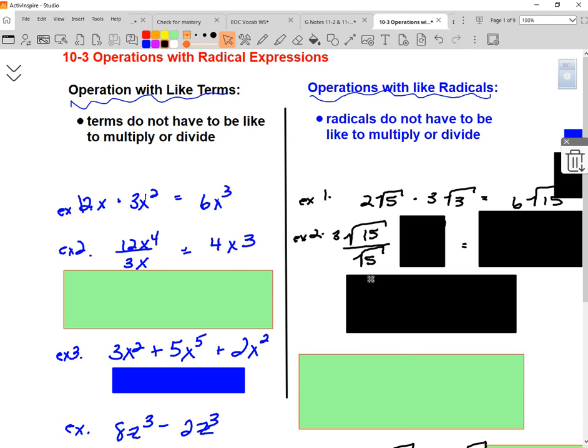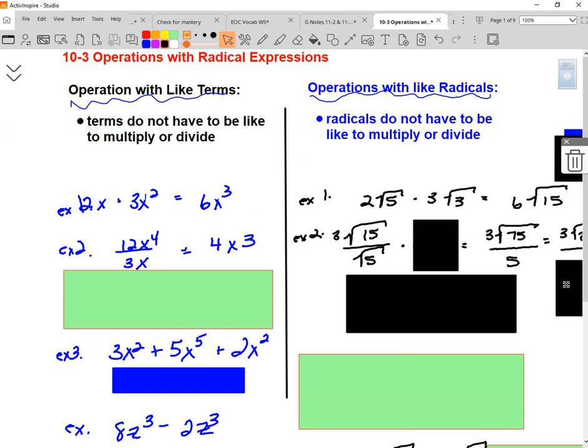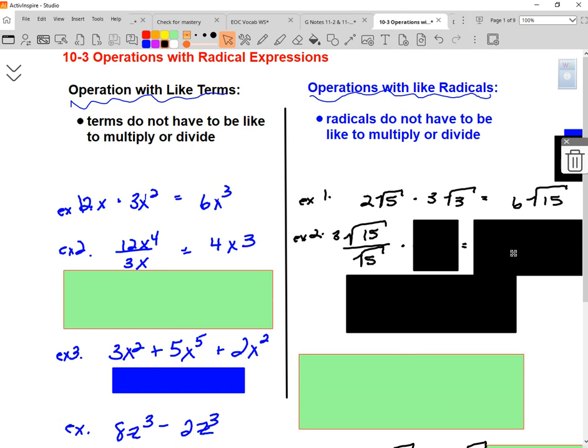So like radical means it's the same value under the square root symbol. Here, it's 3 divided by 1, because that's the coefficient here. There's not one that you can see, so that's a 1. The square root of 15 divided by the square root of 5, we can go straight there to the square root of 3.